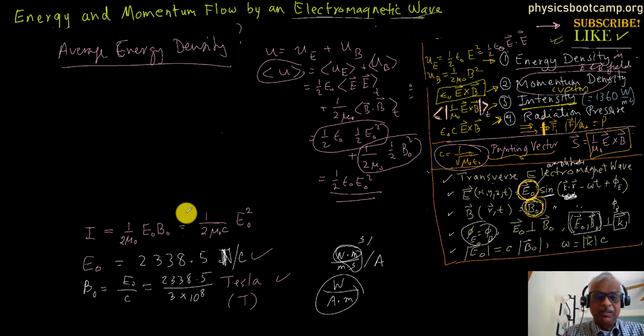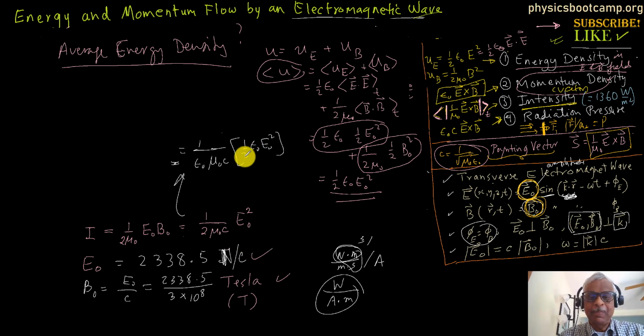So this should be equal to, I want to get half epsilon naught, so I will have 1 over epsilon naught mu naught c times half epsilon naught E naught squared. So I can write it in that way. You have a c, and c is equal to the square root of 1 over mu naught epsilon naught.